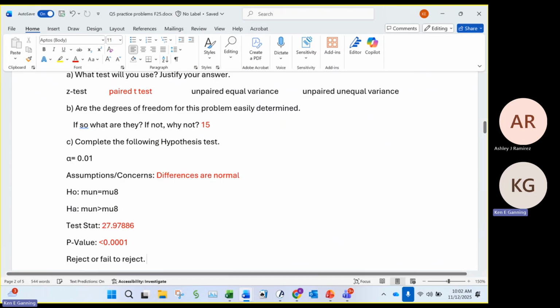Reject or fail to reject? The p-value is less than alpha.